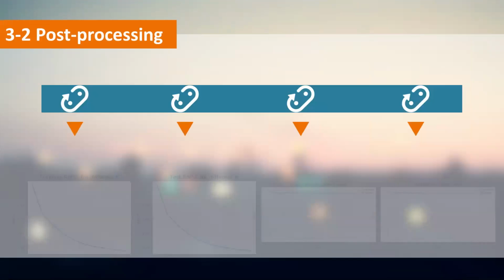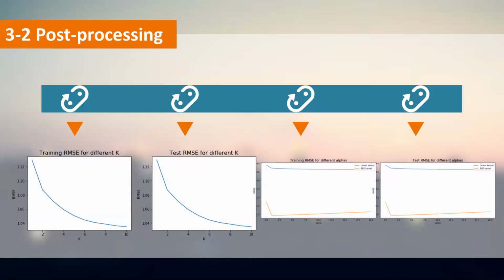And then it's the same thing for the post-processing cross-validation. We finally took k for KNN as 10, and we took the RBF kernel for kernel ridge regression, and the alpha of it is 1.